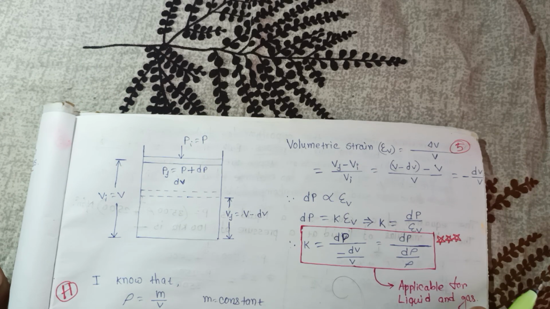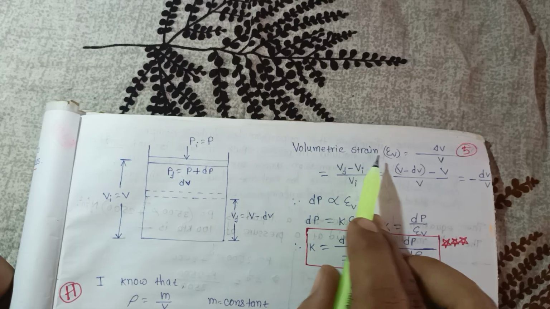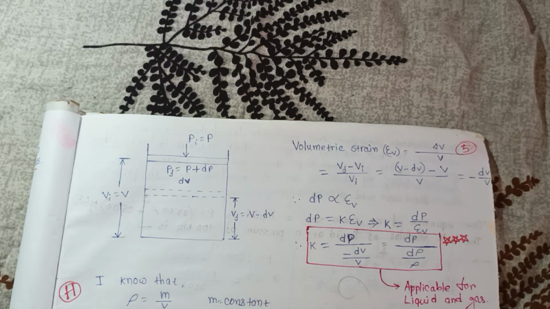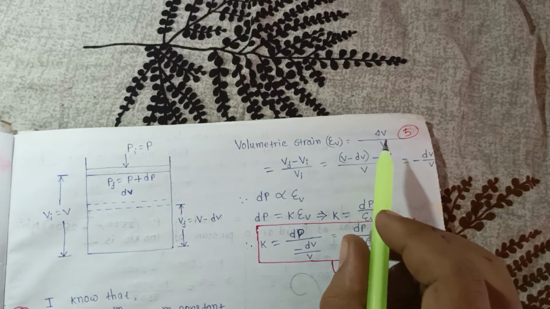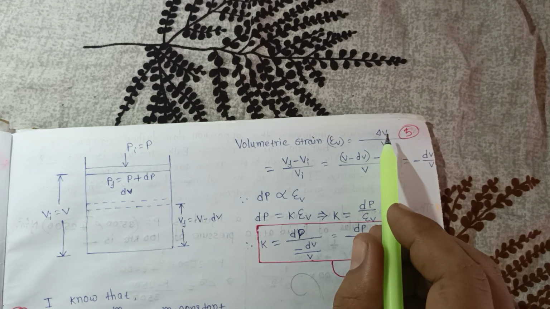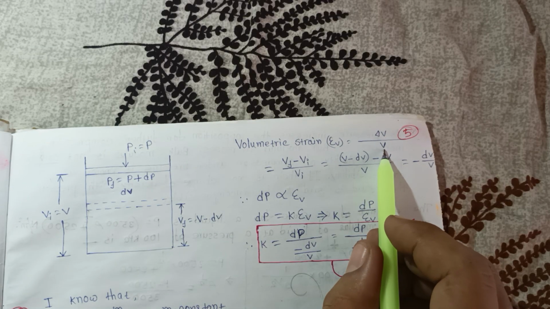Now if you want to calculate the volumetric strain, we know that volumetric strain is delta V by V. Delta V is the change in volume divided by original volume.